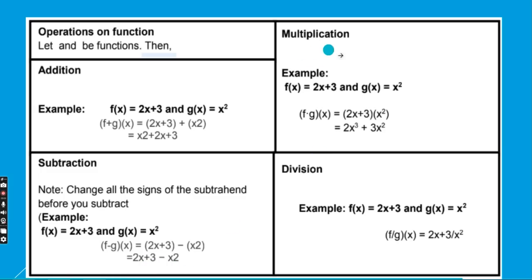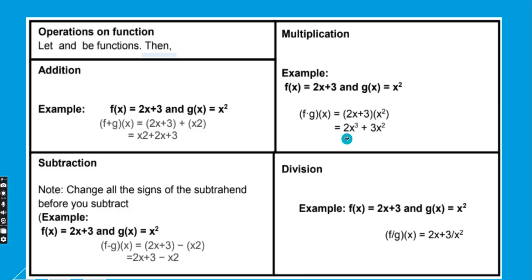Third one is multiplication. F times g of x is equal to quantity 2x plus 3 multiplied to the quantity of x squared. So, what we are going to do is to distribute it. 2x times x squared is 2x plus, ipag-add lang natin yung mga exponent, 2, tapos may exponent ito na 1, kaya ang ating bagong exponent ay 3.